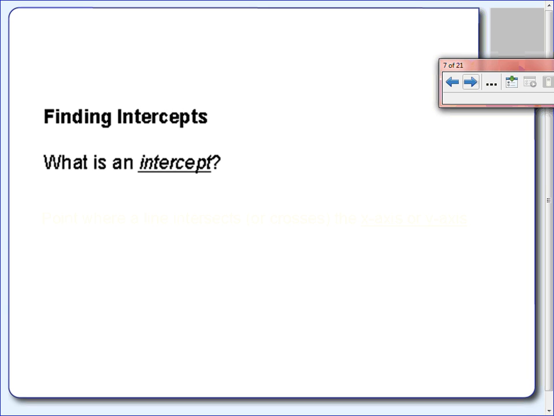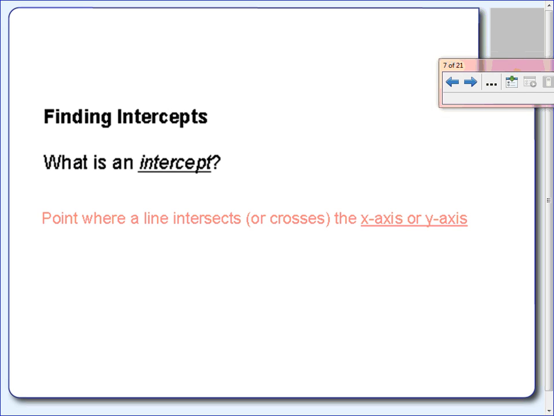Now let's talk about intercepts. We talked about slope. Now let's talk about intercepts. What are intercepts? Well, all it is is where a line or a graph, it doesn't have to be a line, it could be anything, intersects or crosses the x or y axis.